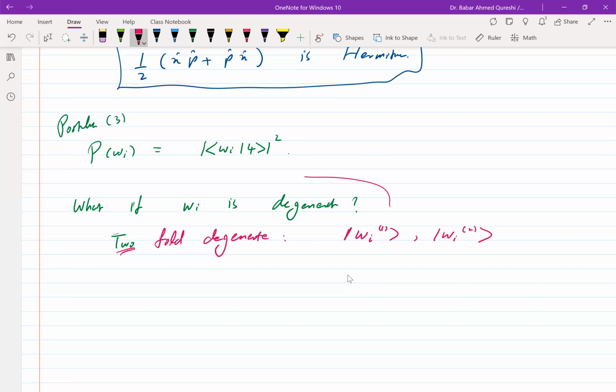So which one do you put in here? This one or this one? And actually any linear combination of them also has the same eigenvalue. So which one do you put in here?